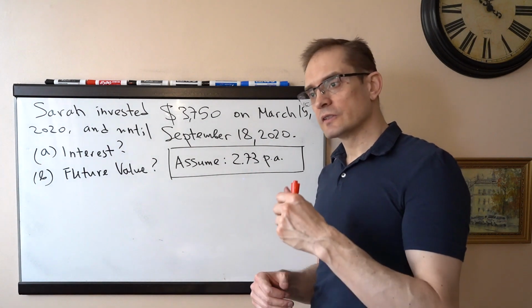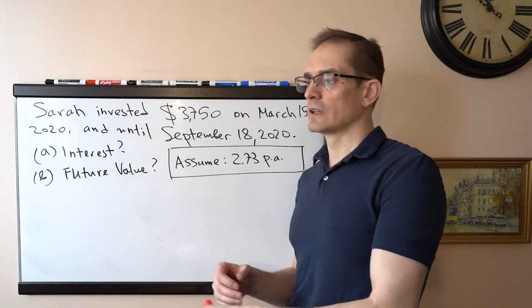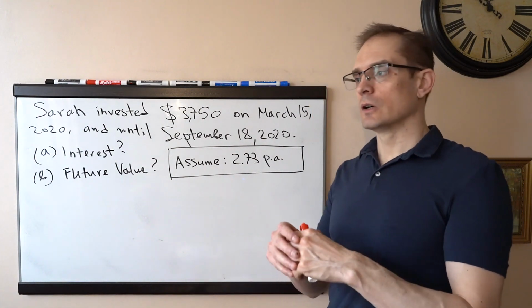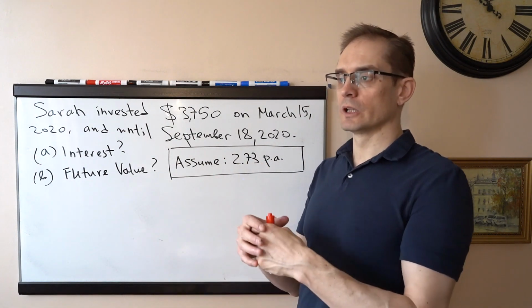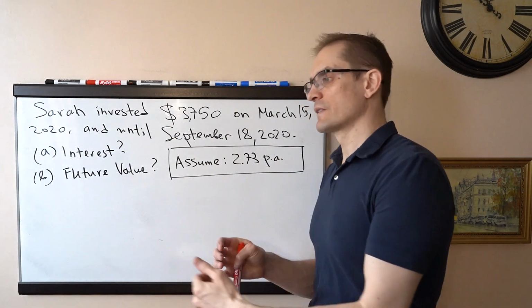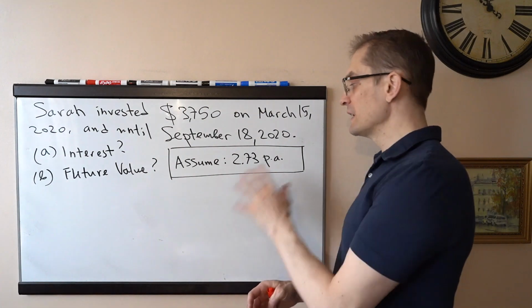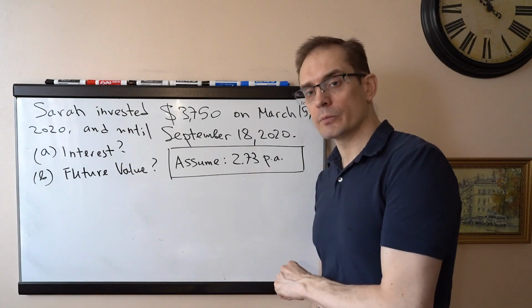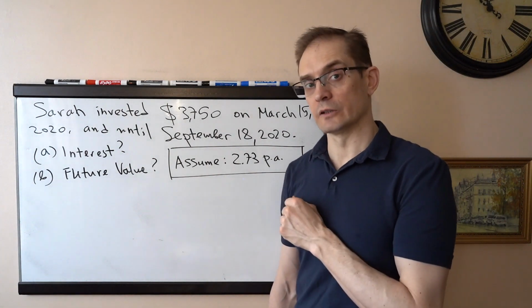Some problems will explicitly mention what kind of interest it is. In some problems you will see that's simple interest. In some problems you will see that's compound interest. Some problems will mention this rate is compounded monthly, compounded weekly, compounded whatever. But if there is nothing like that mentioned in the problem, then you can assume the rate is simple interest.